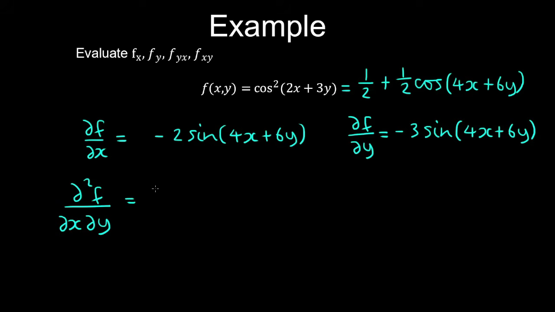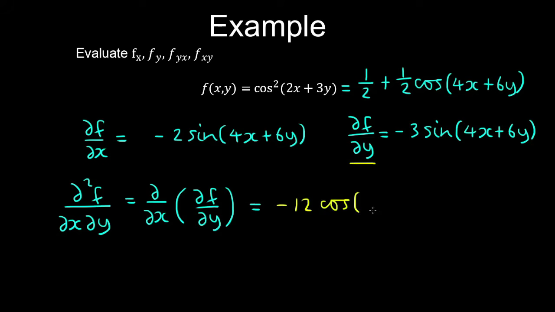That's the same thing as a partial derivative with respect to x of the partial derivative of f with respect to y. So essentially, we're differentiating this partial derivative with respect to x. So that gives minus 12 cosine of 4x plus 6y.